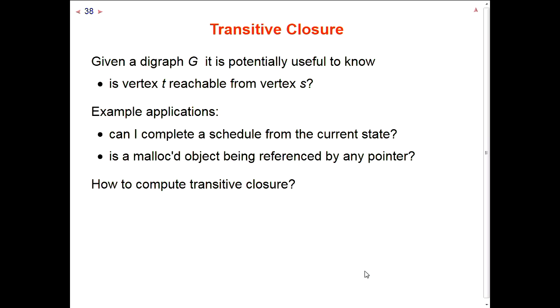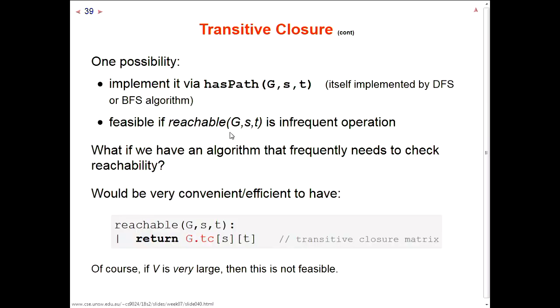Is it possible to reach via that precedence relation another state? Or is a malloc object being referenced by any pointer? That might also be interesting if you have a graph that represents the dependencies, then you can find if you have or haven't lost any memory that has been allocated and that you can't deallocate anymore because you've lost that reference. Now the question is, how can we compute transitive closure?